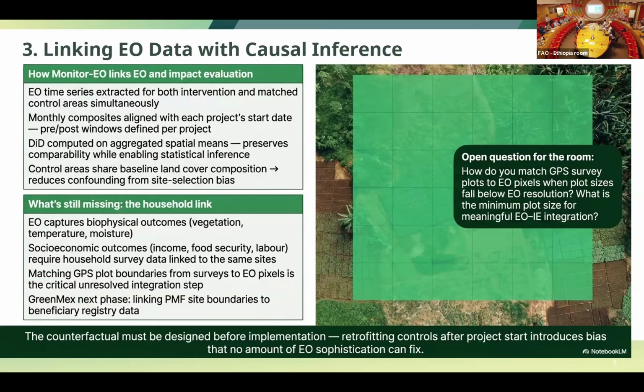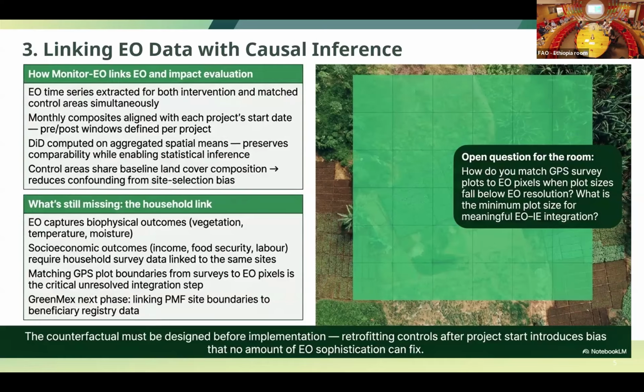So the Monitoreo tool extracts the time series simultaneously for the intervention and the control areas, and then it computes monthly composites aligned with each project start date, and runs the difference-in-differences at the aggregated spatial mean level, which preserves comparability while enabling inference.